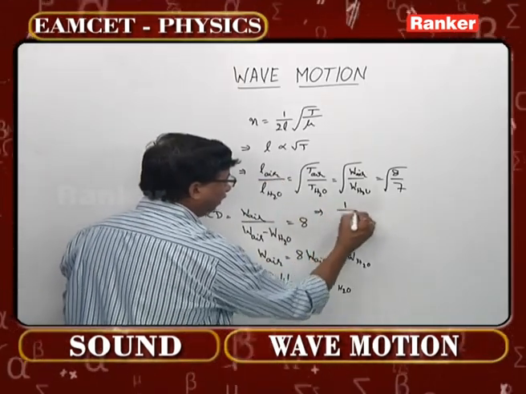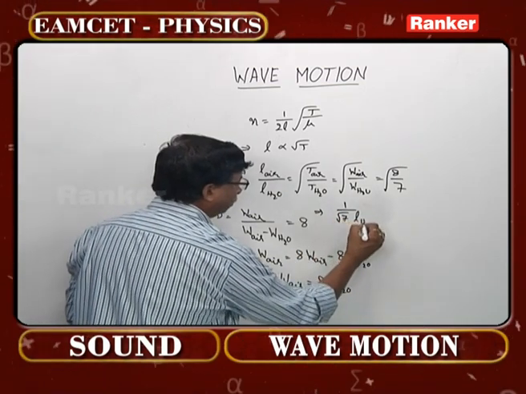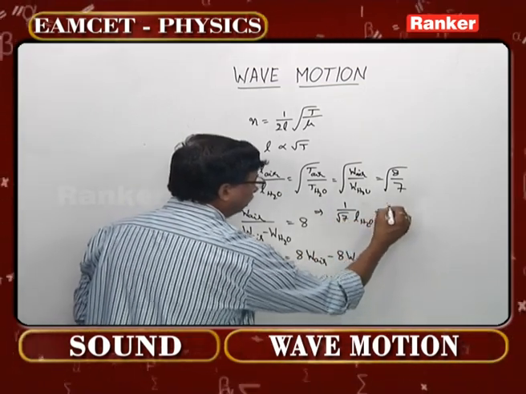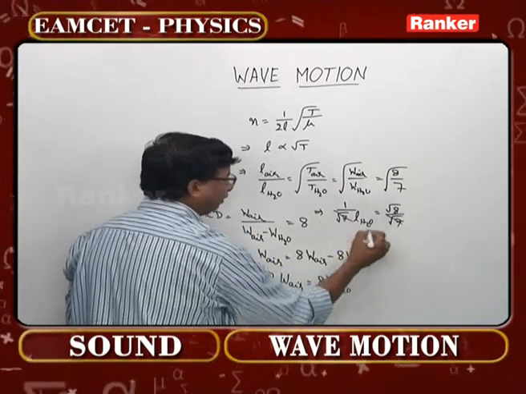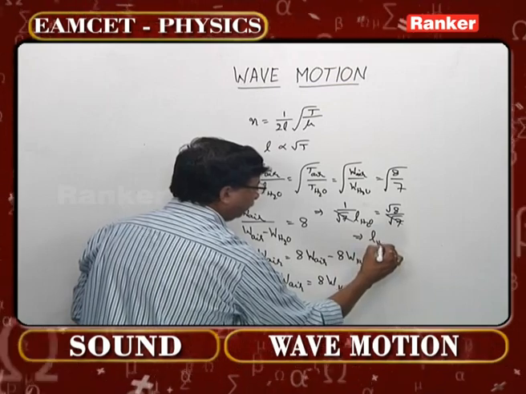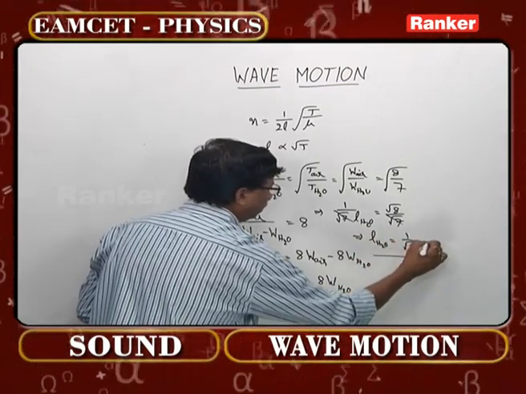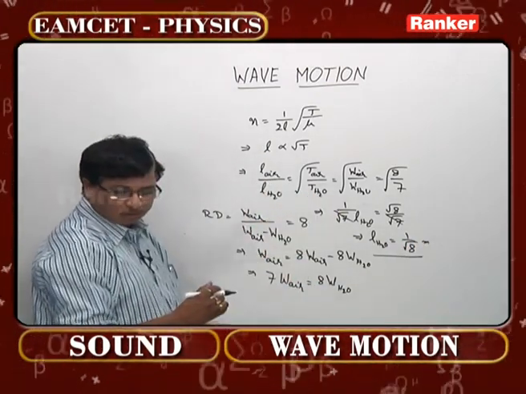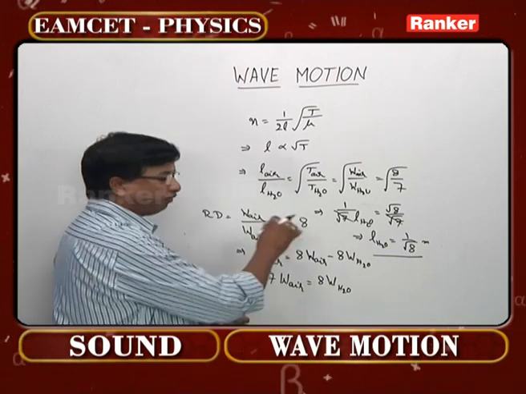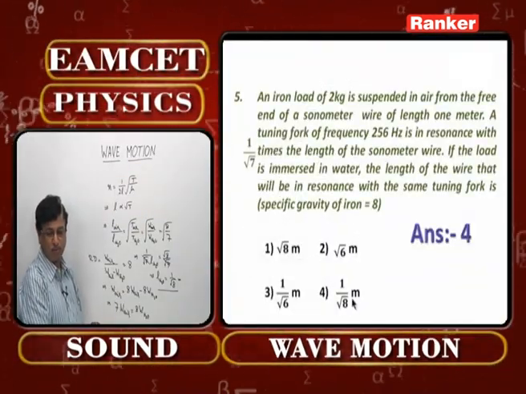So simply write that 1/√7 into L in water is equal to root 8/√7. Root 7 gets cancelled. So what will be the length in water, please? It is 1/√8 meter, or 1/√8 times the original value. So 1/√8 meter means the fourth option is going to be the correct option for this question number 5.